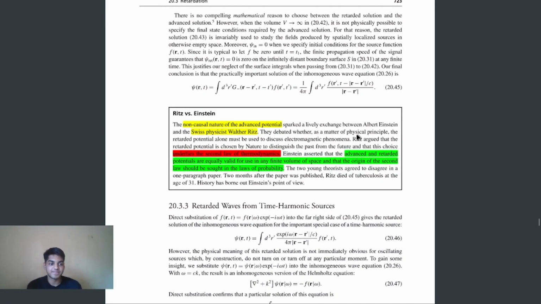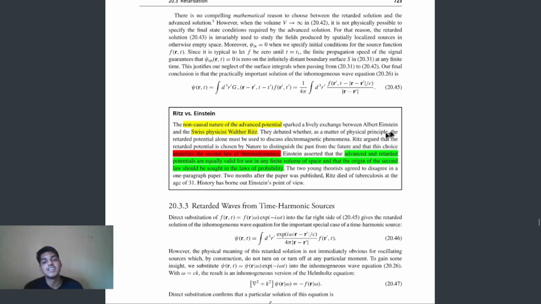There was a very notable encounter between Ritz and Einstein because of this non-causal nature of the advanced potential. The Swiss physicist Walter Ritz debated whether a physical principle, the retarded potential alone, must be used to discuss electromagnetic phenomena.